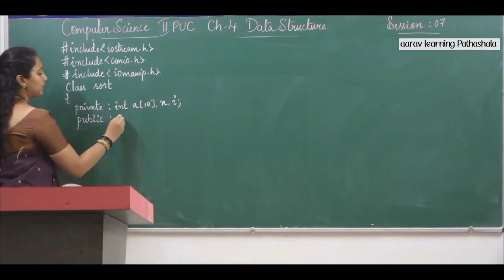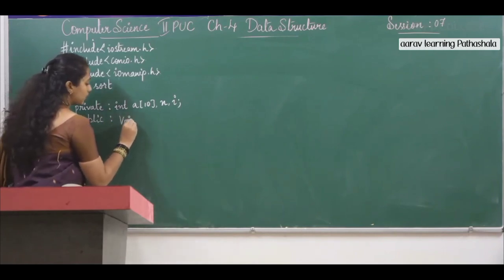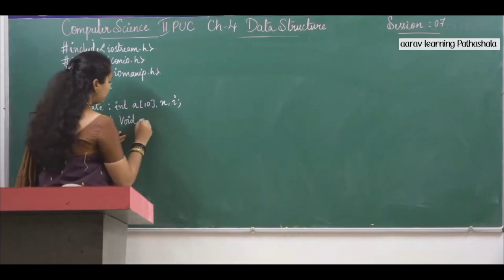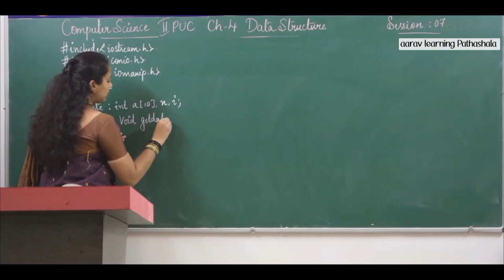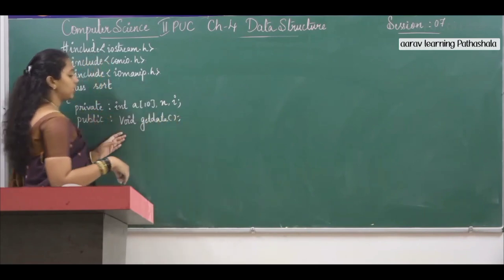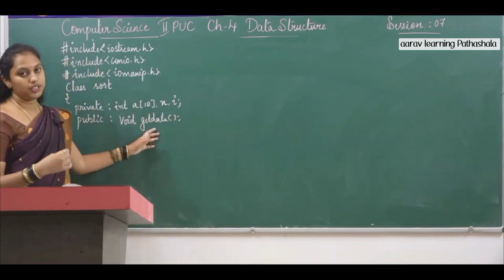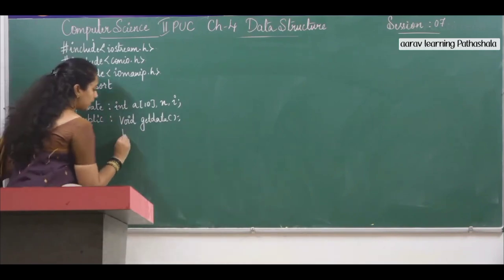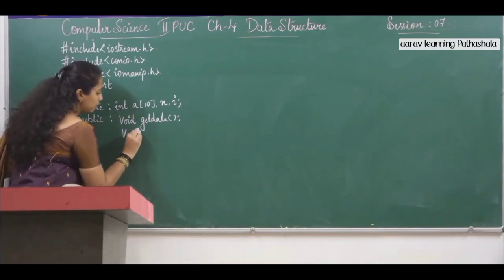For getdata, the return type of the function is void, as this function does not return any value. Using this getdata function, we are going to accept the required data from the user. Next is void compute.